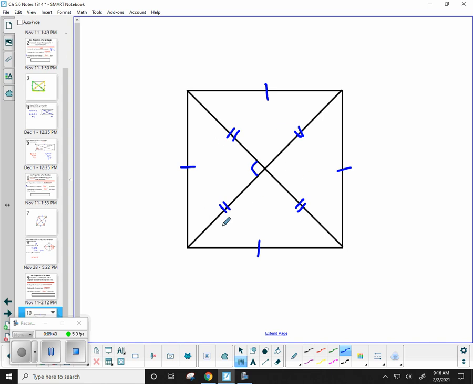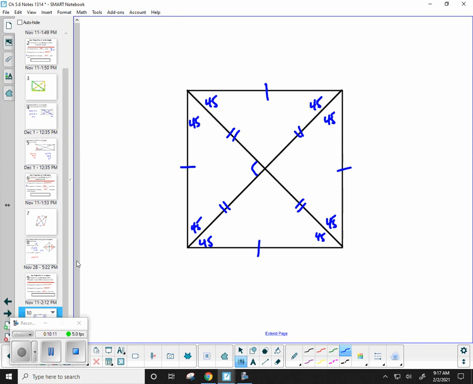All 4 of those pieces have to be congruent, so this ends up being a right isosceles triangle. We know each corner of my square is 90 degrees, and this diagonal bisects it, so each of these angles here has to be 45 degrees. The nice thing about a square is there's not a whole lot of thinking. You don't have many choices for your angles.